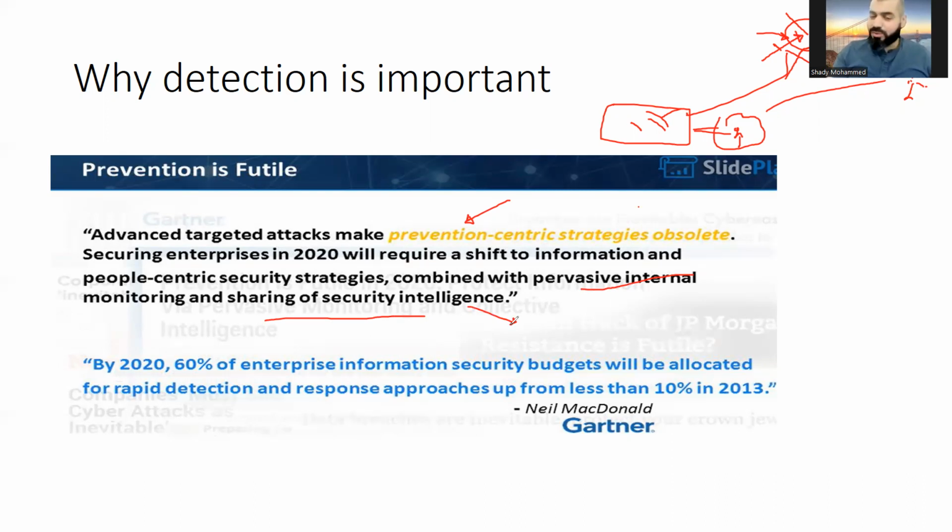But for now, I just wanted to tell you guys that in 2020, because of cloud computing, because of working from home, because we are relying on wireless technology more than ever, we need not only to rely on preventive control, we also need detective control combined with it. What proves this fact is that you see a lot of SOC engineers required, and a lot of people taking training on how to use QRadar, how to use Splunk, and all this stuff.